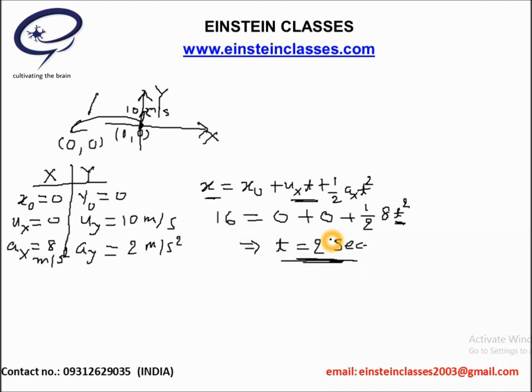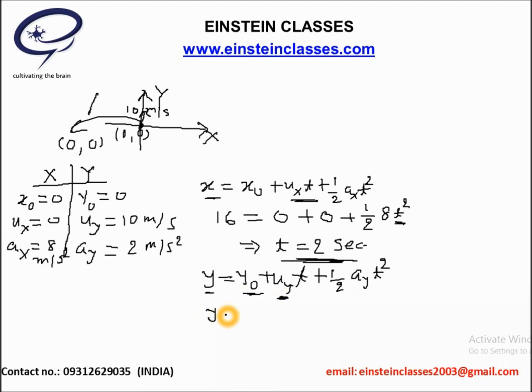Now the next part of the problem is that we have to find the y-coordinate of the particle at that time. That means at this moment, 2 seconds, we have to find the y-coordinate. For this we can write down y equal to y naught plus uy t plus half ay into t square. The value of y naught is 0, the value of uy is 10 meter per second.